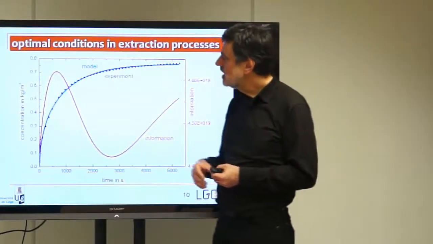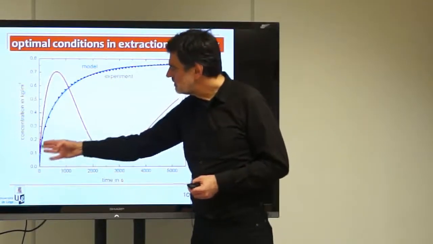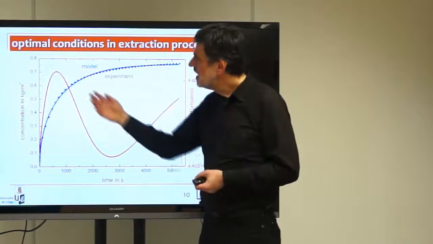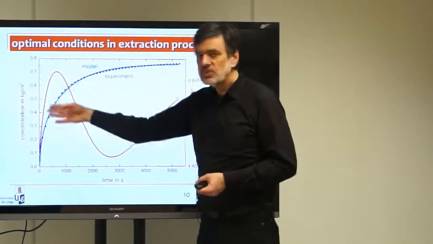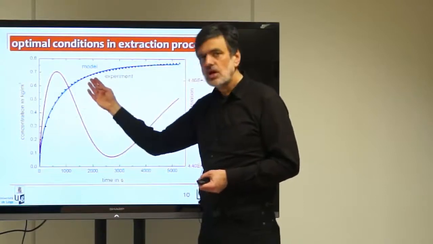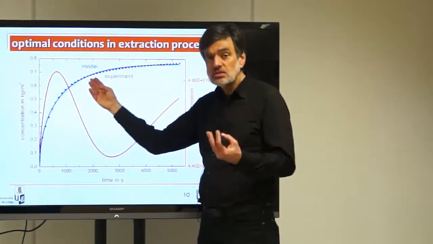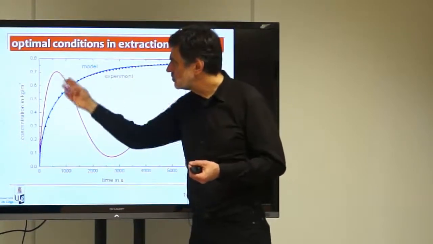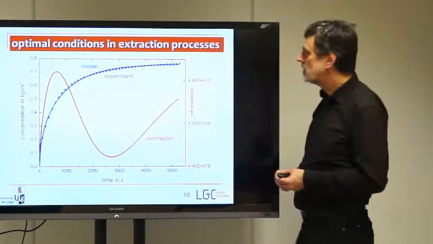The point simply is that if you perform the extraction, which proceeds like this, you extract more and more as time proceeds. In this region the slope is very high, and the slope of the extraction curve tells you something about the kinetics. That is the diffusion coefficient of the model, which you characterize here with a high accuracy.